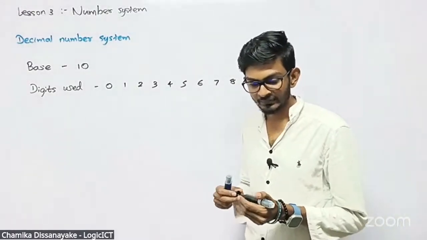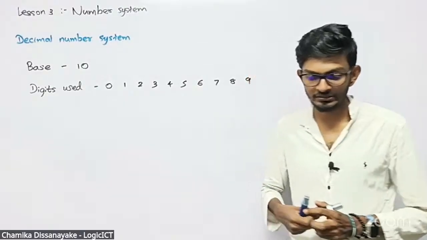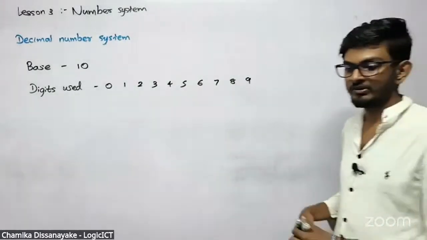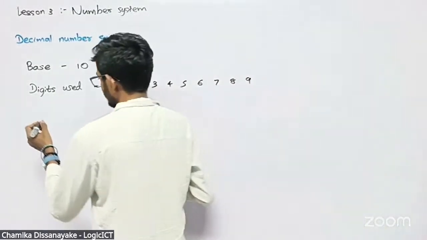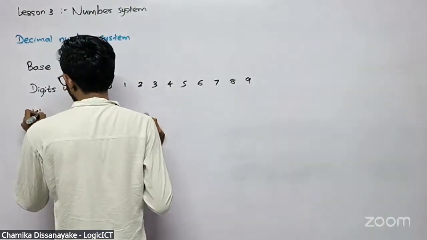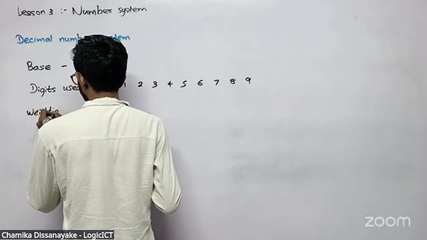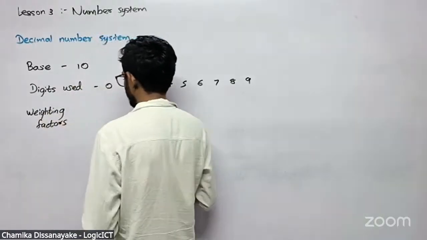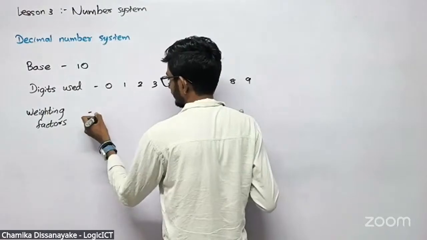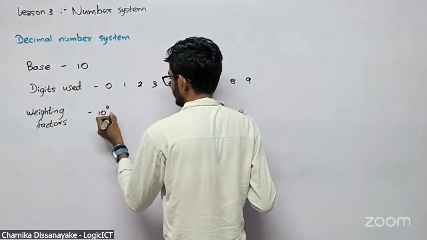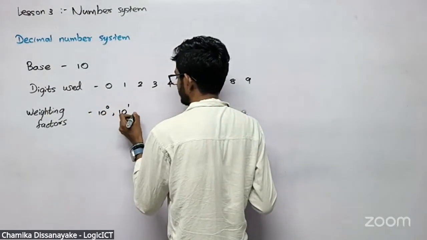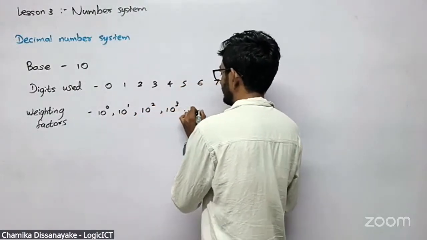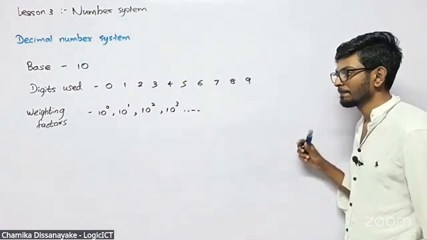The other thing is weighting factors. You know what the weighting factors will be? 10 to the power 0, 10 to the power 1, 10 to the power 2, 10 to the power 3, and so on, increasing.